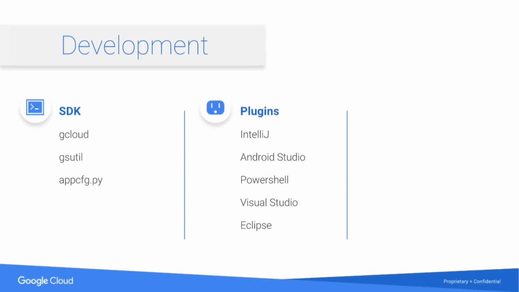There are a number of plugins that will plug into the very popular IDEs that are out there in the market, so things like Eclipse, IntelliJ, PowerShell, etc., Visual Studio. And we also have a Cloud Source Repository. This is where you can actually store your source up in Google Cloud. So a lot of aspects there from a development perspective.